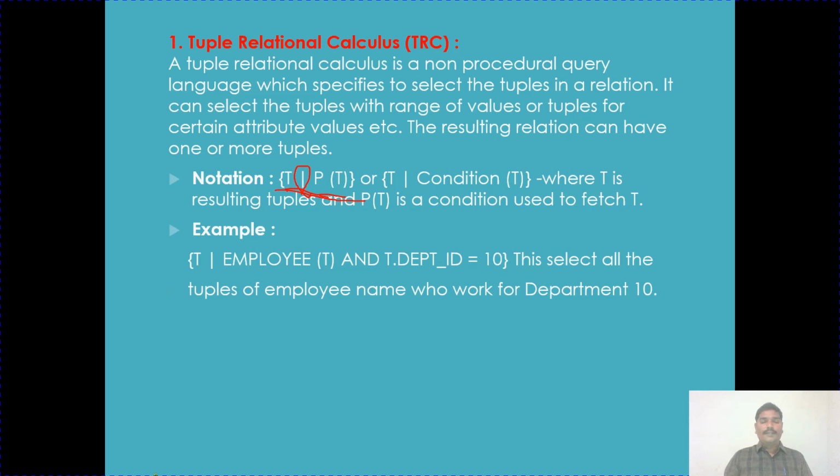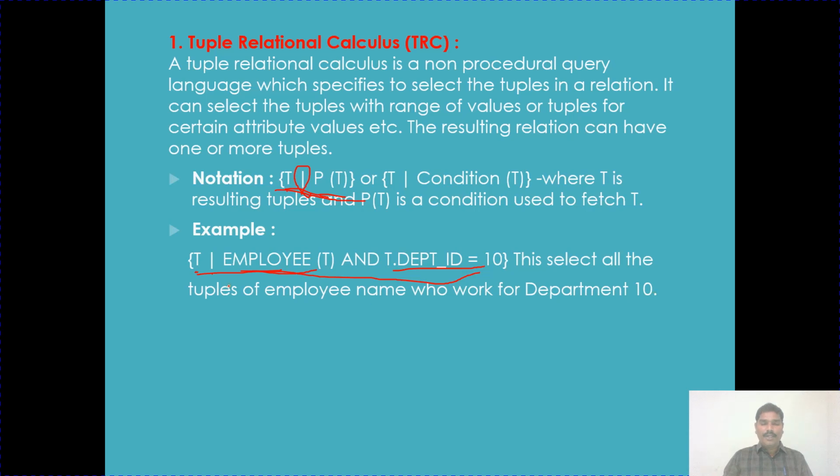Example: {T | Employee(T) AND T.DepartmentID = 10}. That means department 10. The actual meaning of this statement is: select all the tuples of employees who work for department 10.